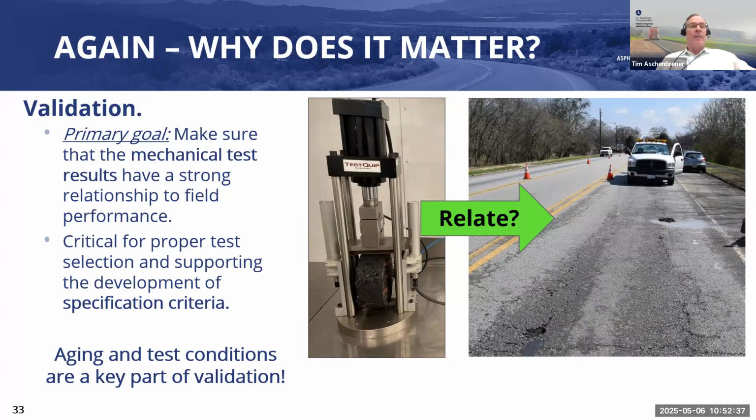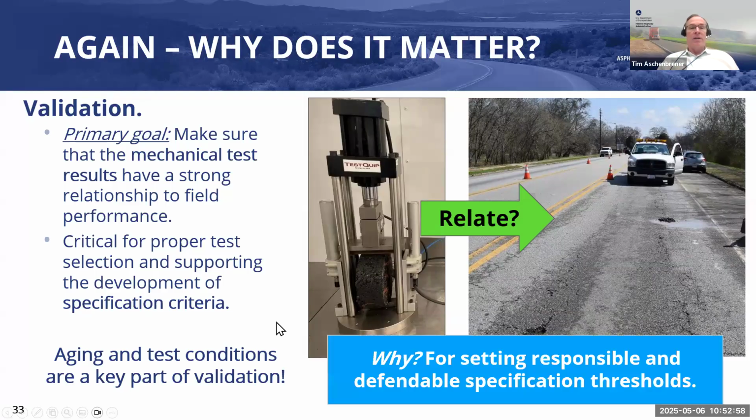And then secondly, we have to pick the appropriate criteria. What's the threshold? As Derek went through the data, we saw that aging is going to impact those test results, and the test conditions, or that test temperature, is going to impact test results. As a result, that will impact your criteria.